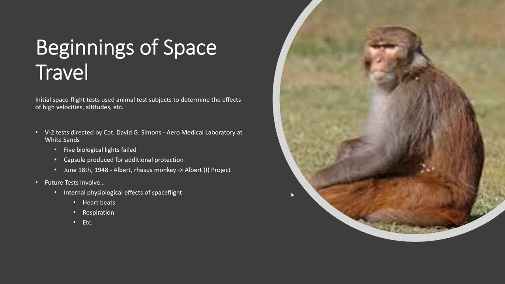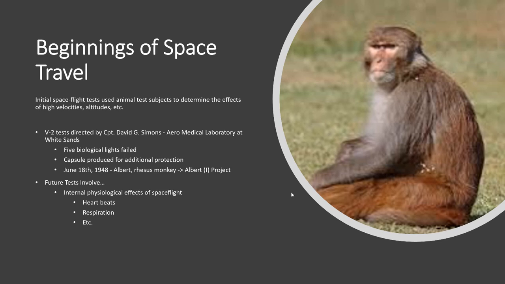The initial tests revealed information that made the future better, because now we're having better space flights. People aren't dying left and right, or astronauts aren't dying left and right when they're going up in space.